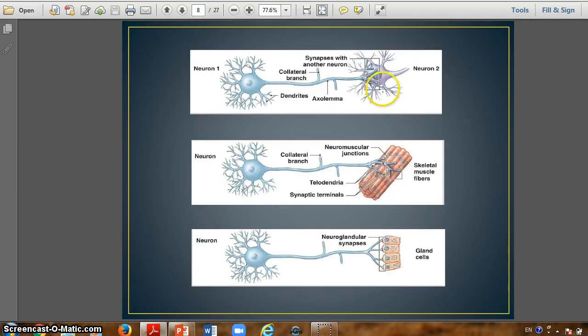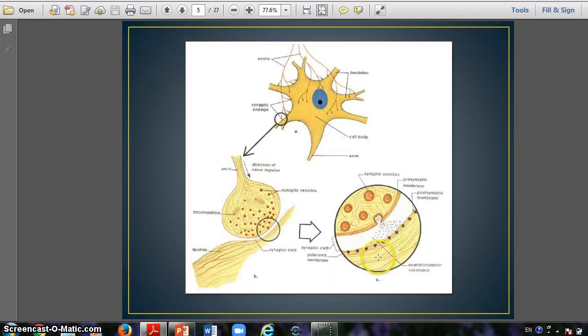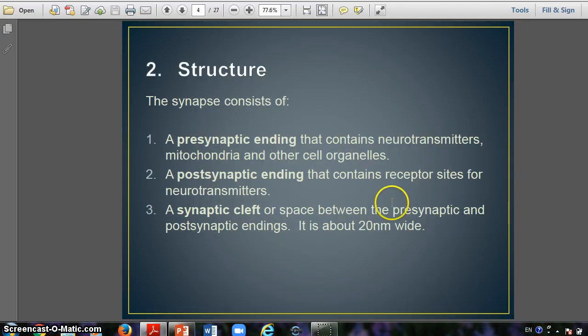So you can see in this diagram, this is transmission between two neurons, or it can be transmission of information or nerve impulse between the neurons and the muscle cell, or between the nerve and a gland cell. So what is this synapse made up of? It is made up of presynaptic and postsynaptic endings, right?